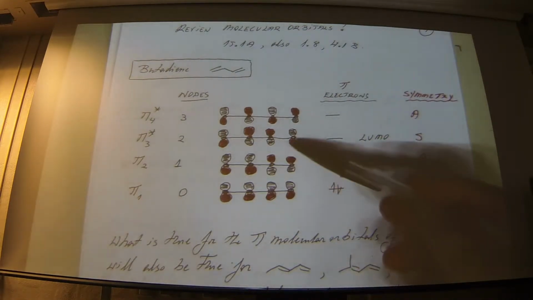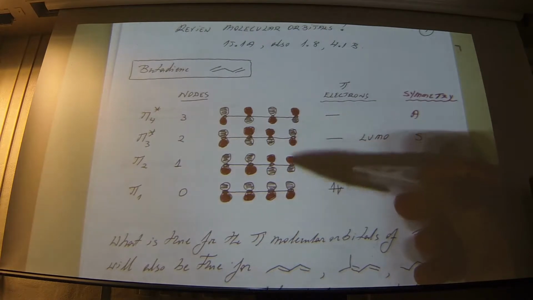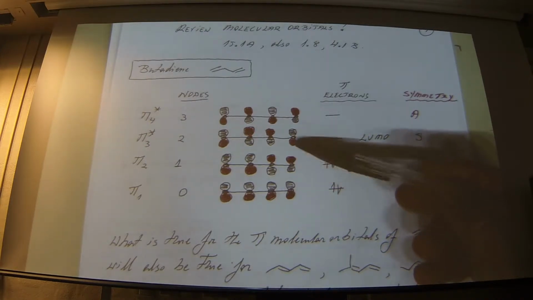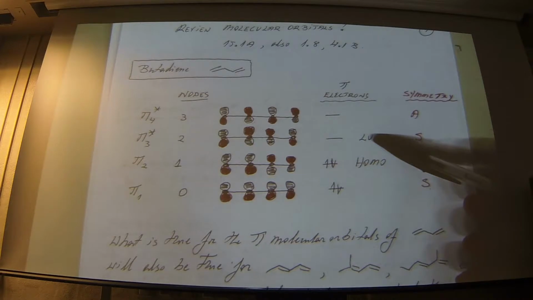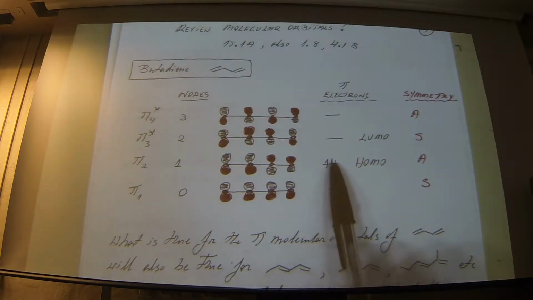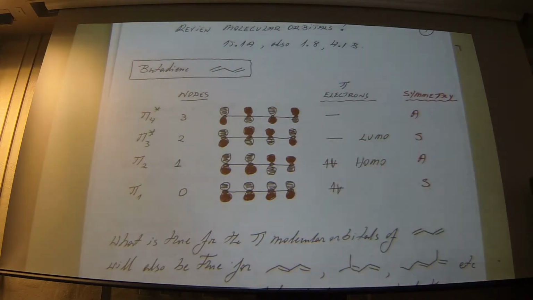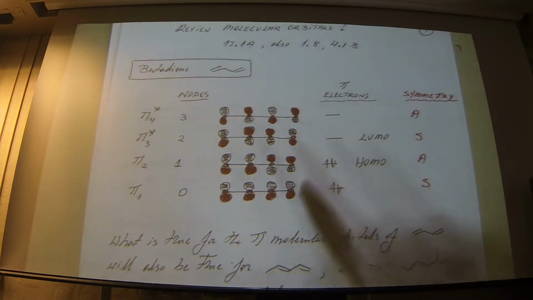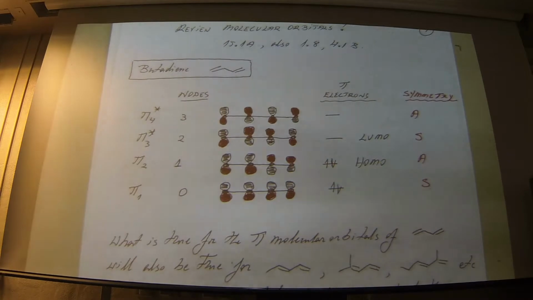And the light that I shine exactly matches the energy gap, the wavelength of the light, or the frequency, if you will, because those are related to the energy, exactly matches the difference in energy between the HOMO and the LUMO. Then what happens is one of these electrons from the HOMO absorbs that energy and jumps into the LUMO. And so at that point, I don't have ground state or the lowest energetic state of butadiene. I have what's known as an electronically excited state.